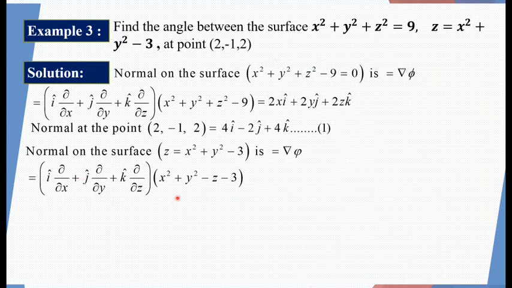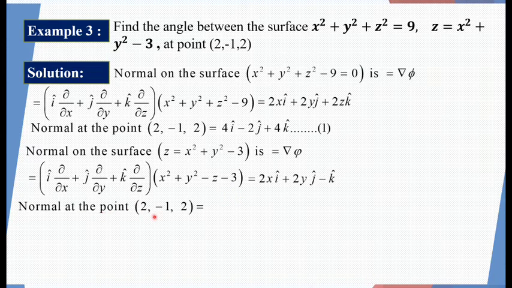So when we differentiate it partially with respect to x, y and z, it will be 2xi plus 2yj minus k, and the normal at the point (2, -1, 2) will be 4i minus 2j minus k. Let this be equation number 2.